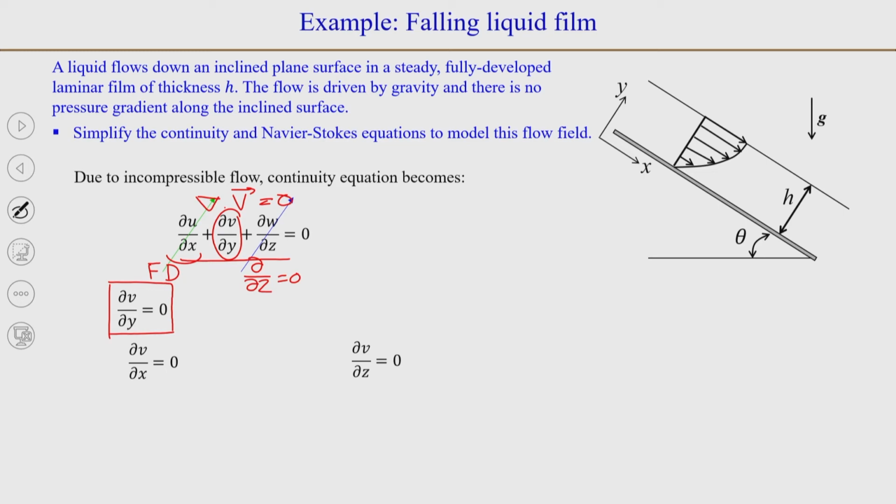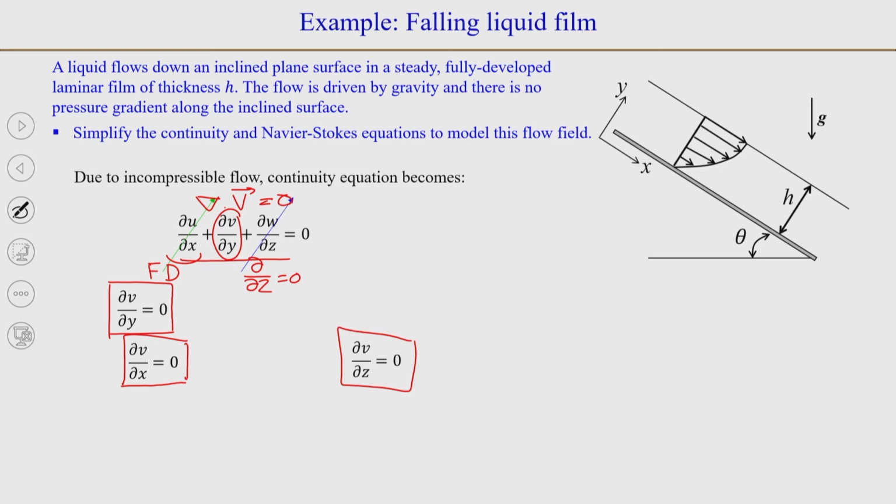Now, we already know, because the flow is fully developed, so, dou by dou x of v is equal to 0, and because there are no gradients in the z direction, so, dou by dou z of v is equal to 0.